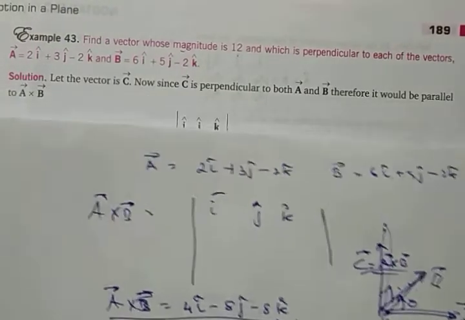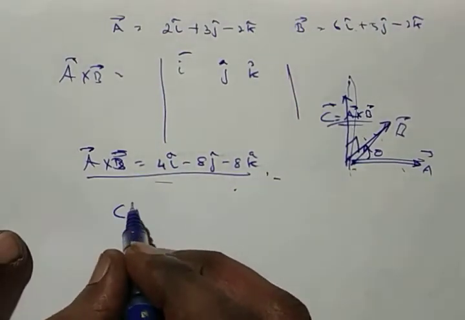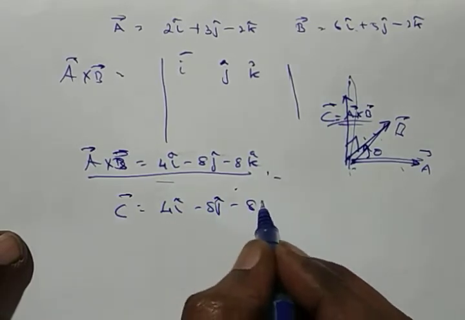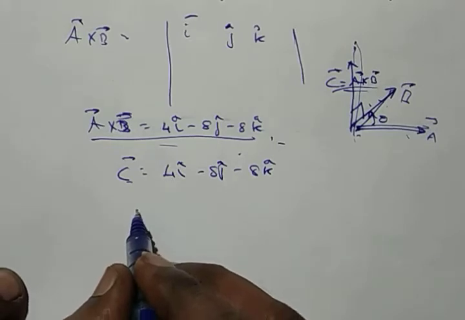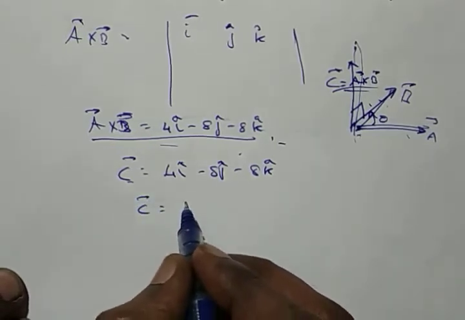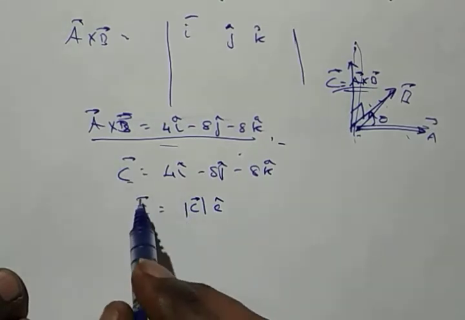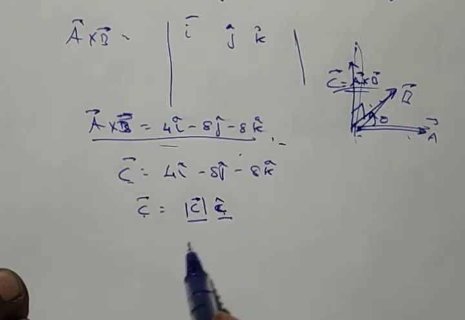So how to do this? You need to find out, this is C vector, you can say. C vector is 4i cap minus 8j cap minus 8k cap. So find the C cap of this: the modulus of this into C cap. This vector is split into two parts, magnitude and direction. This is the unit vector and magnitude.